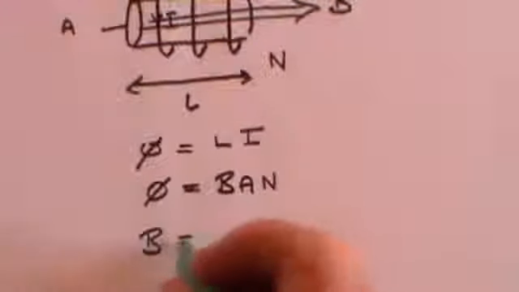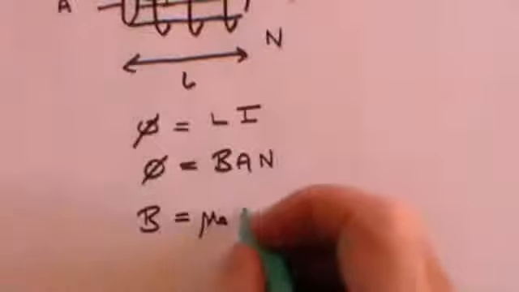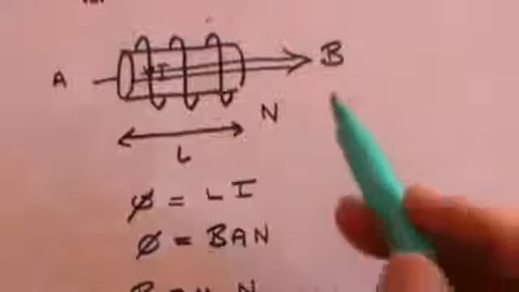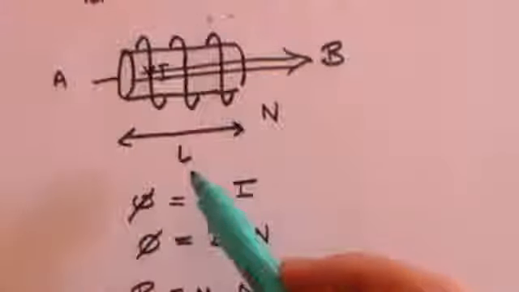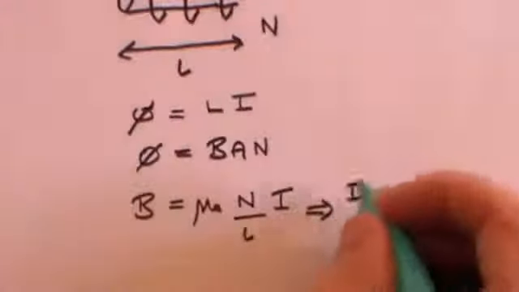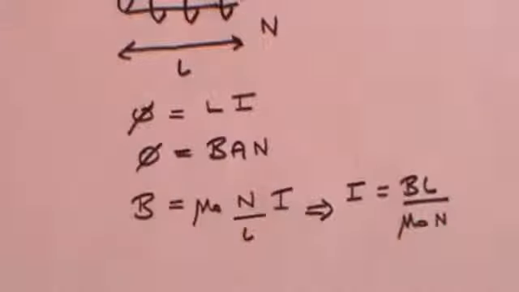And we also know that the magnetic field is equal to mu naught, the permeability of free space, times N over L, the number of turns per unit length, times the current I. If you rearrange that formula, the current is equal to BL divided by mu naught N.